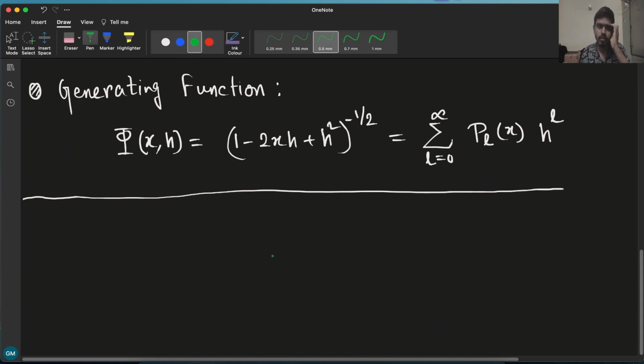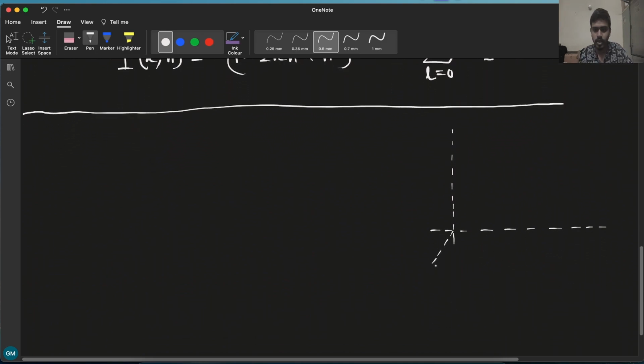So for example, if we have inverse square forces, that means, for example, let's consider an electric charge. Let's say this is our coordinate system in 3D.